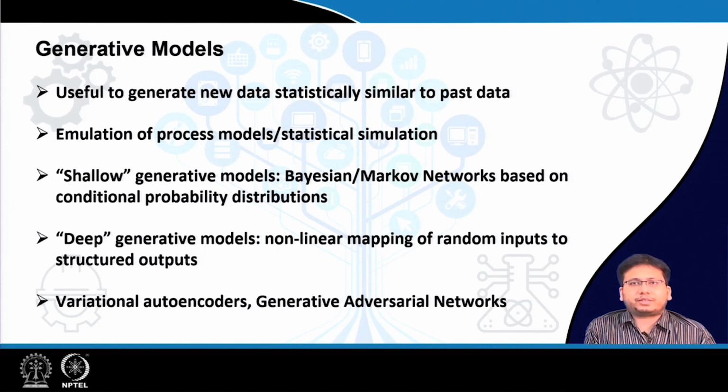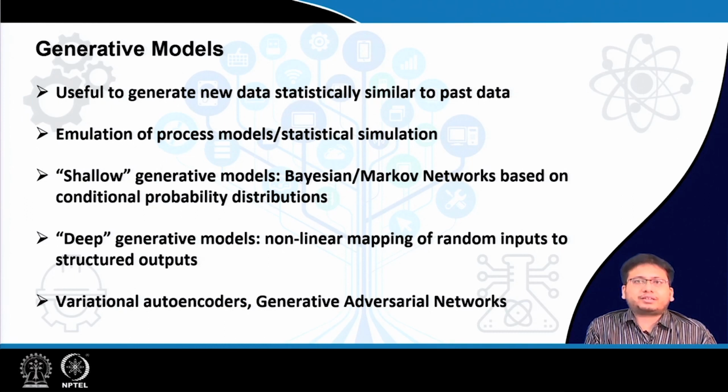By statistical simulation, I mean that the process models are often based on a large number of model equations, but statistical simulation is more using probability distributions and things like that. Statistical simulation is one way in which machine learning can be used for these simulations.